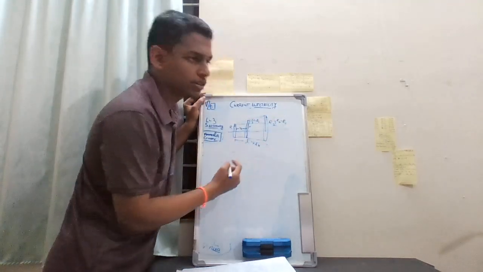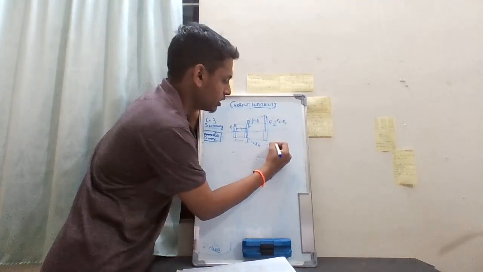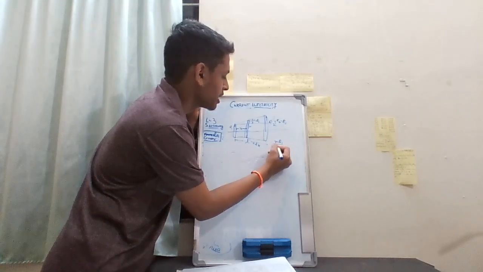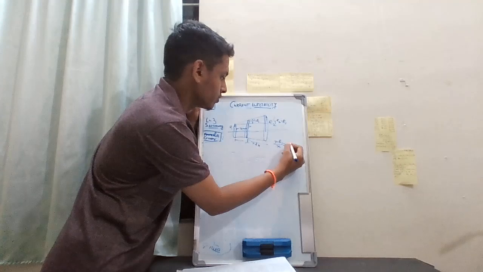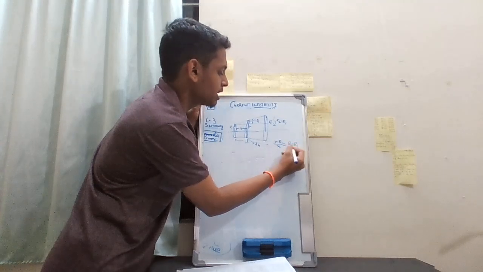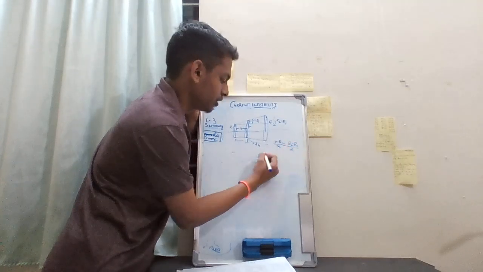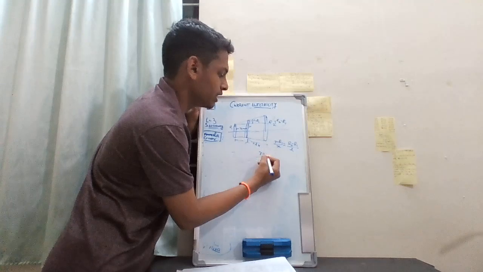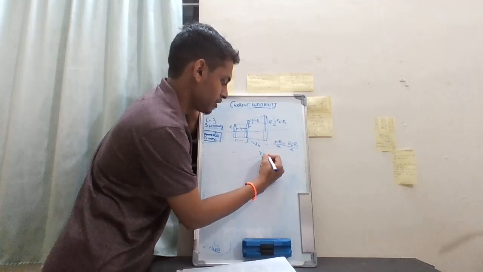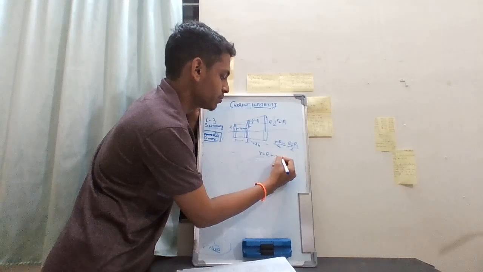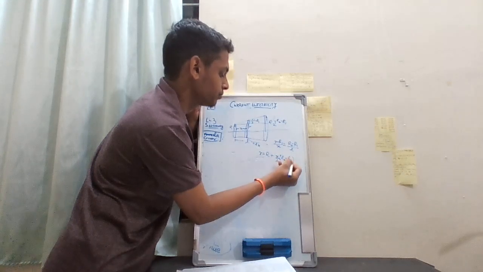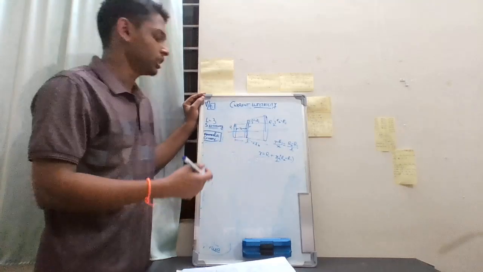By similar triangles, r minus R1 by x equals R2 minus R1 by L. So r we can write as R1 plus x by L times (R2 minus R1). Now we just put this in the formula.